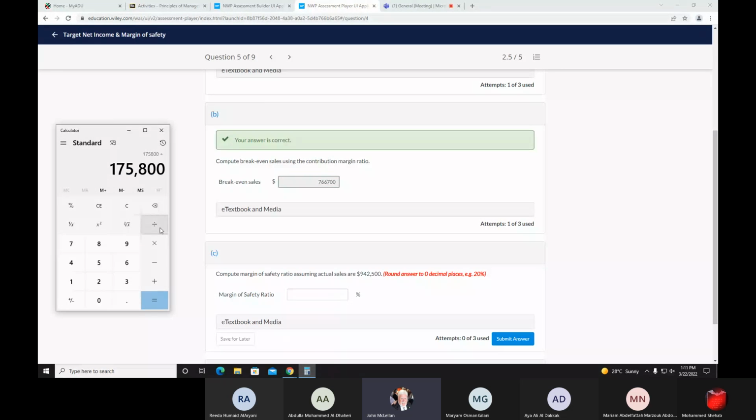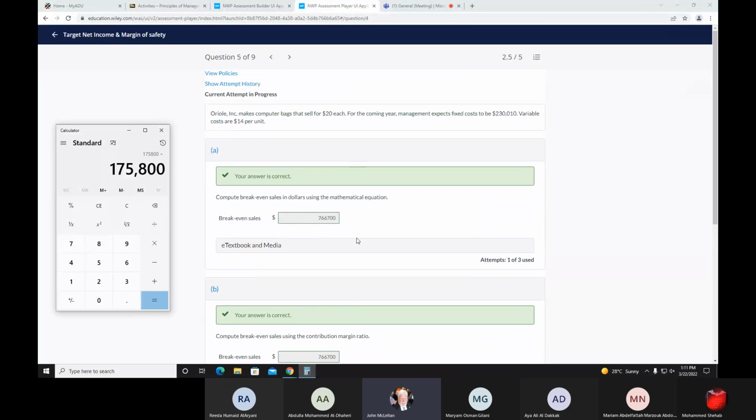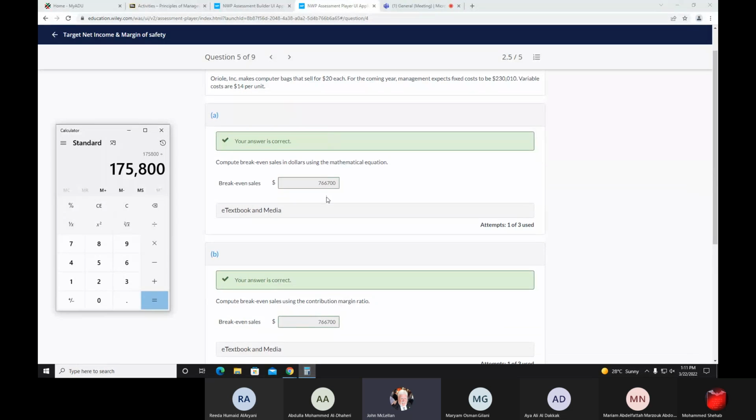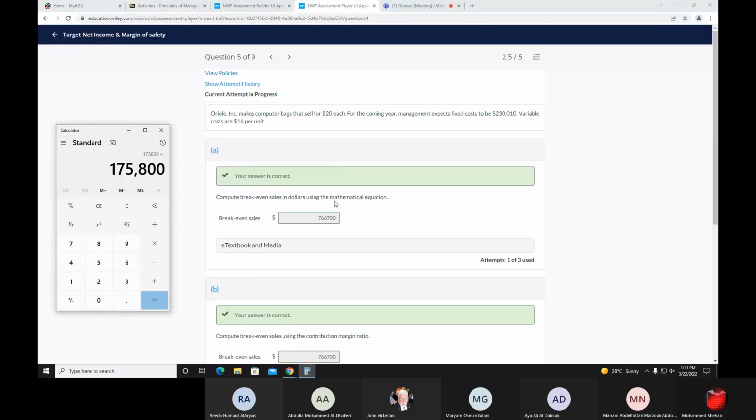Now I got to go up and figure out what my sales are. So move back up. Okay, the sales for the coming year, management expects the fixed cost to be 230 and variable cost to be that. Sales are $20 a bag, and how much is the sales at break even?